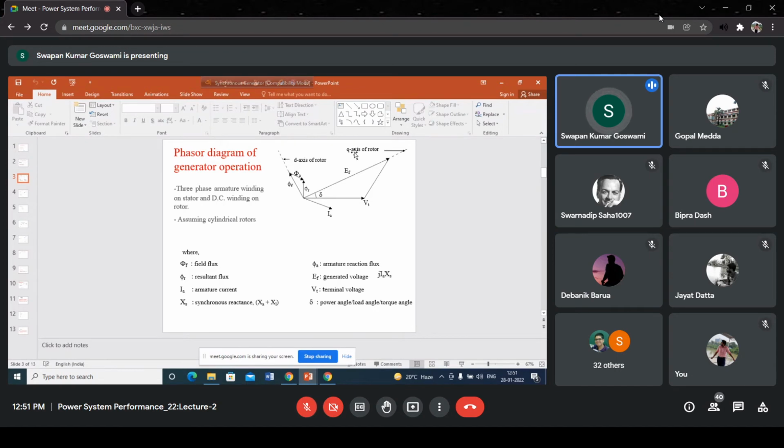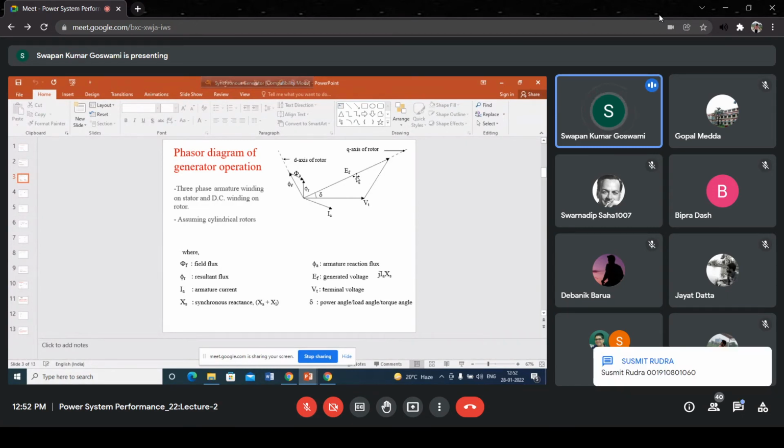If this is understood by everyone, then we shall proceed to develop the equivalent circuit of this machine. So please tell me whether all of you could understand the phasor diagram of this machine. This is the phasor diagram of a cylindrical rotor machine because we are talking about a single reactance, the synchronous reactance.